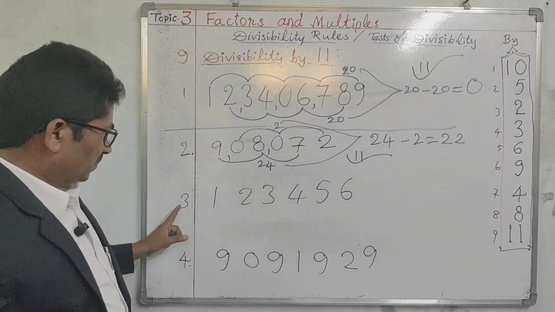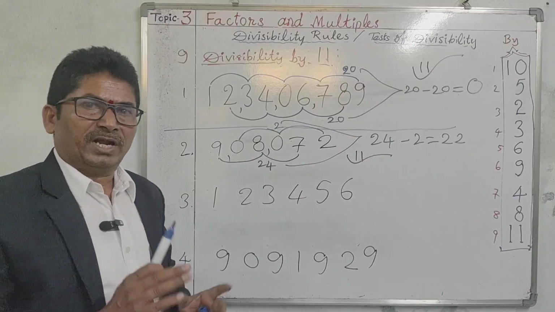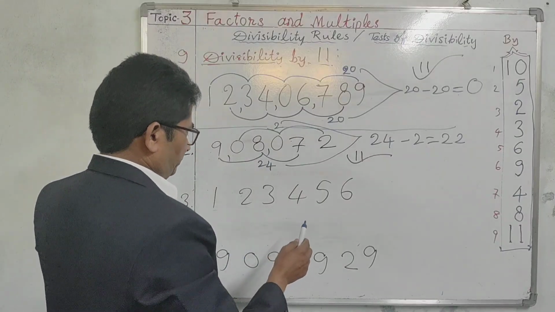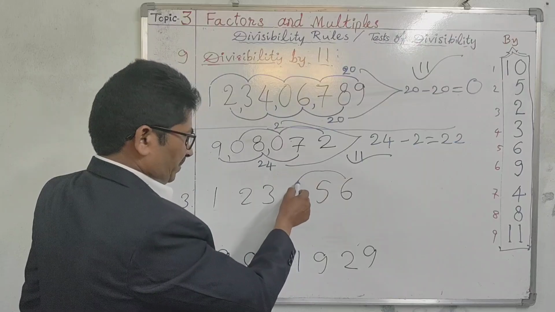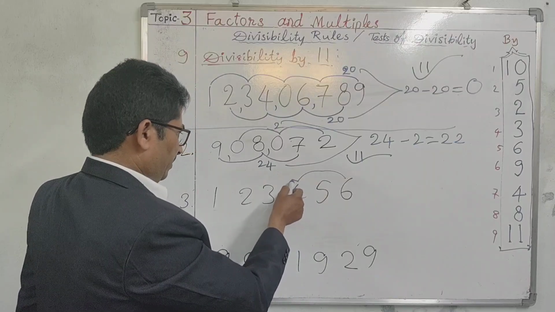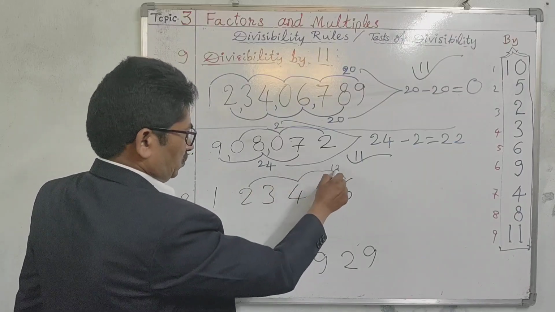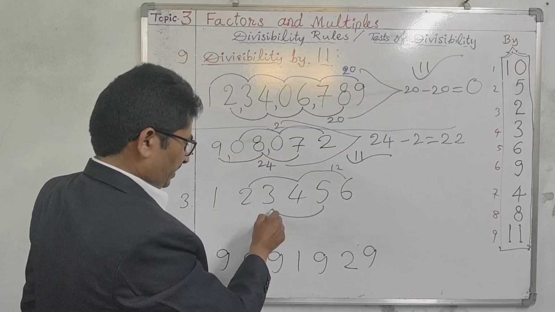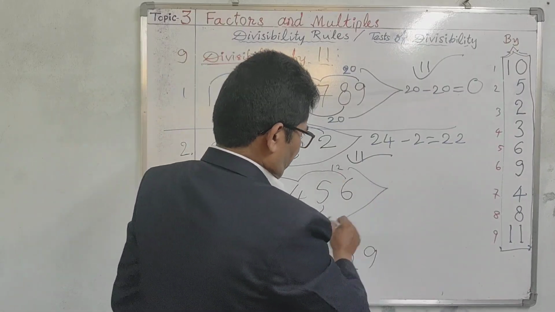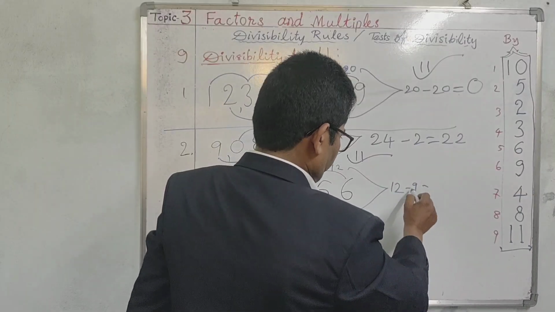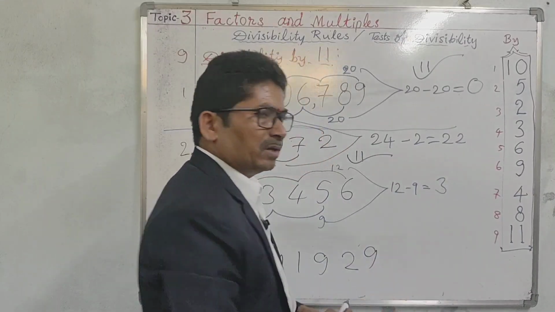Next, the third one: is this divisible by 11? We can check. 6 plus 4 is 10, 10 plus 2 is 12, so 12. Next, 5 plus 3 is 8, 8 plus 1 is 9. The difference of these numbers, 12 minus 9, is 3.